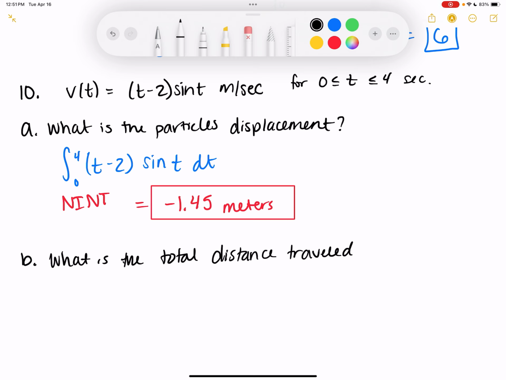This is the problem with our book being something for both. So total distance traveled in general would be the integral of the absolute value of v of t, and obviously whatever the parameters are. So for our situation, it should be the integral from 0 to 4 of the absolute value of (t minus 2) times the sine of t dt.